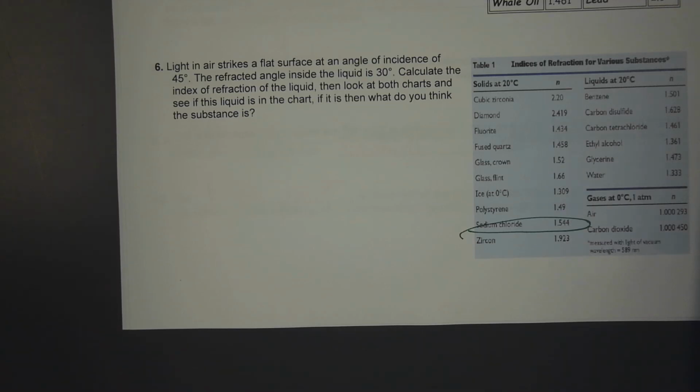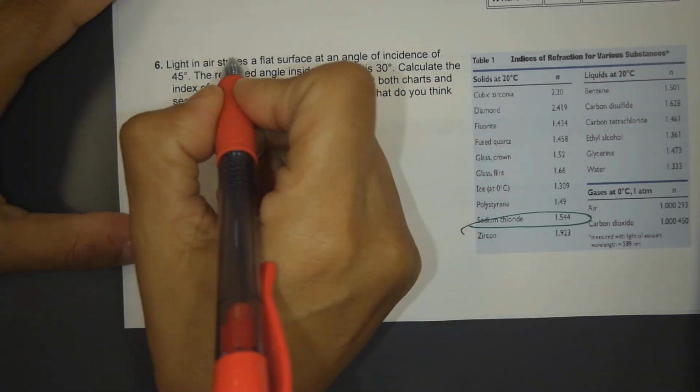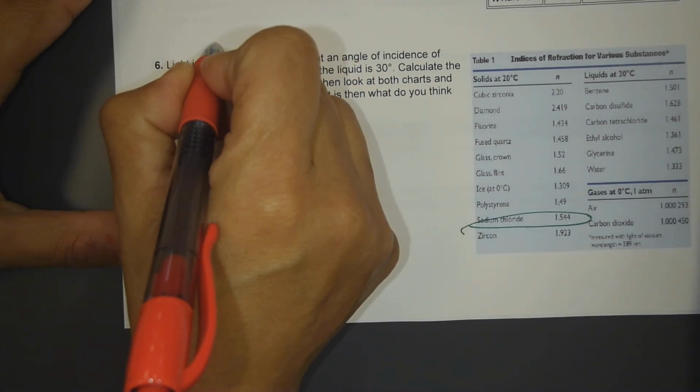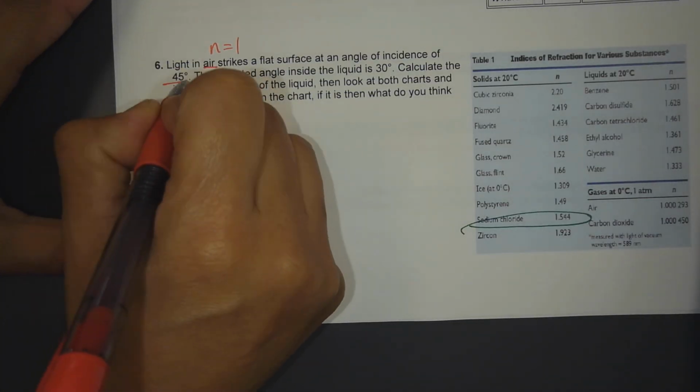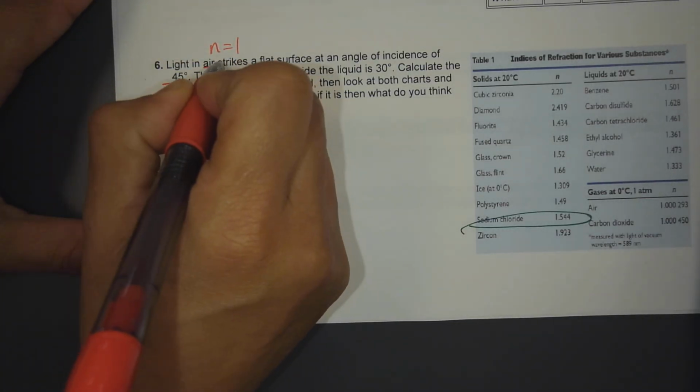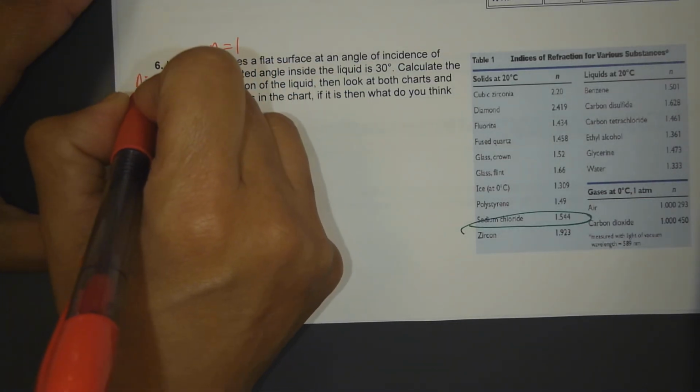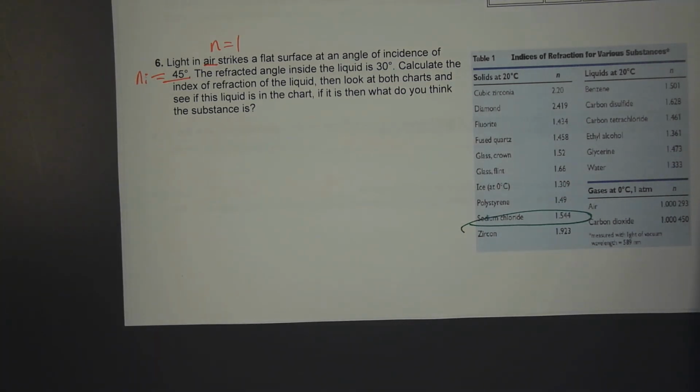Light is in air, and it strikes a flat surface at an angle of incidence of 45 degrees. Light is going through air, which N is 1. This is going to be Ni right there, 45 degrees.